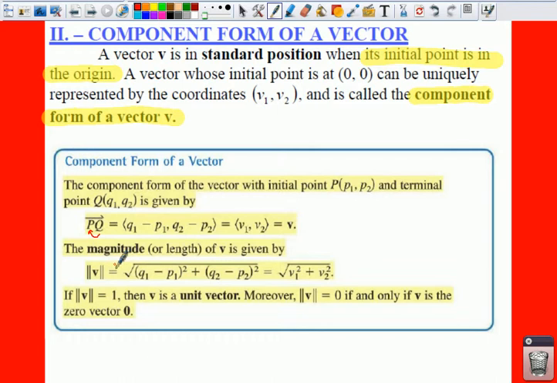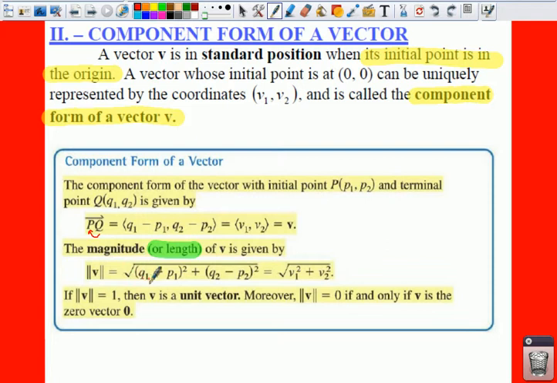Now your magnitude, it's a double line. Magnitude is the length of a vector. And the way you find your length is to take the square root of your Q1 minus P1, squared, plus Q sub 2 minus P sub 2, squared.